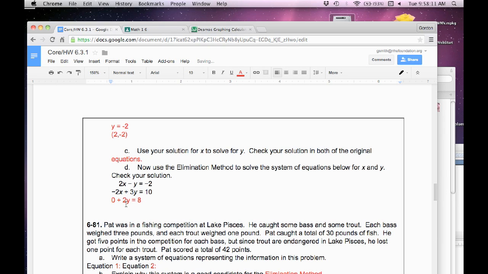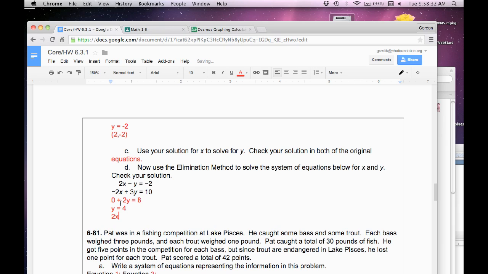Okay, then I can just divide by 2, and I will get y is equal to 4. Once I have y, I can substitute it in to either one. I'll try the first one. Substitute y into the first equation, and we'll figure out what x is. So that's going to be 2x minus the y value, which is 4, is equal to negative 2. Again, all I did was substitute in the value.